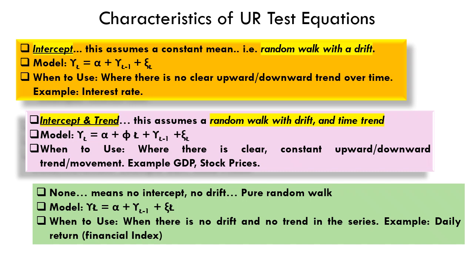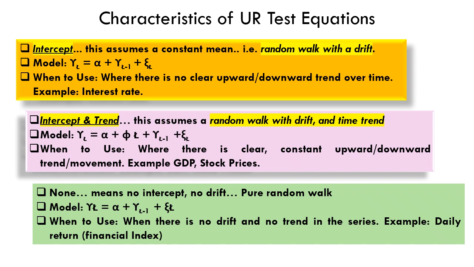Some economic indicators that often show these characteristics are, for example, interest rate. Interest rate is a policy instrument that can be used to trigger contractionary or expansionary purposes in the economy, so you do not expect it to trend upward as the case may be.